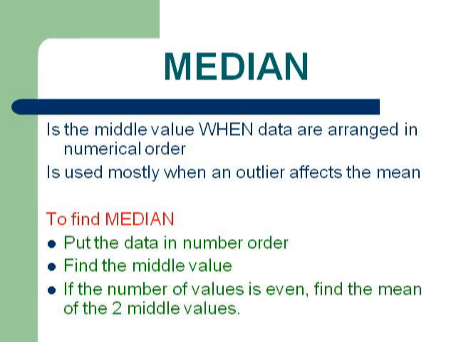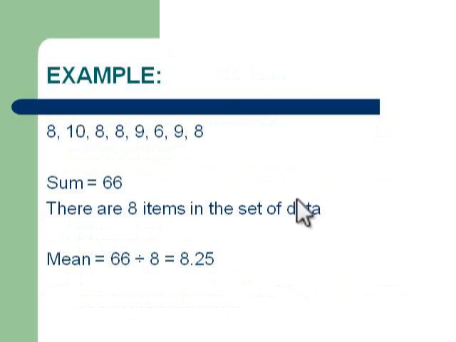So let's go back and look at this example again. If we put these in order, the 6 would cancel out with the 10, because that's the high and the low. The next lowest is an 8, and the next highest is a 9. Then we would have another 8 and another 9.